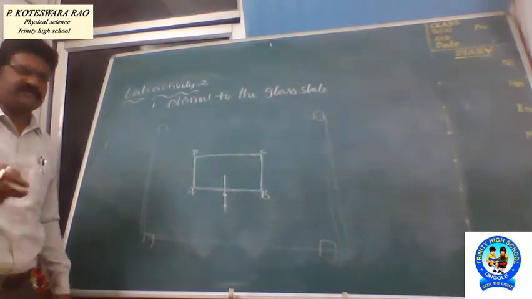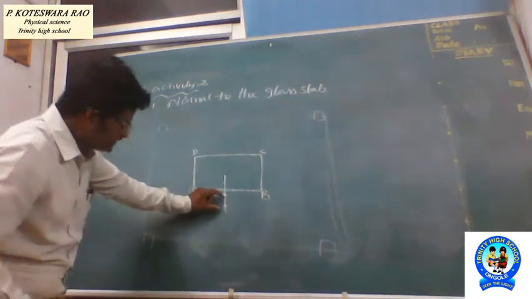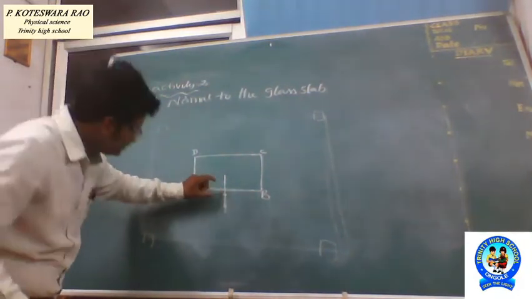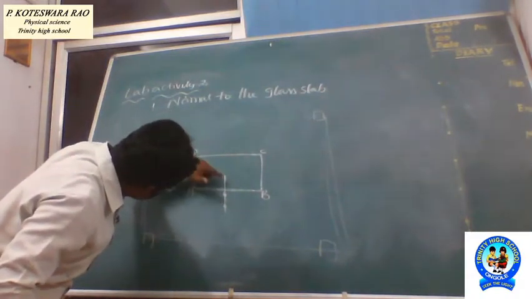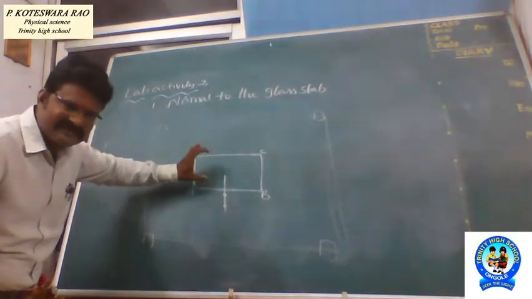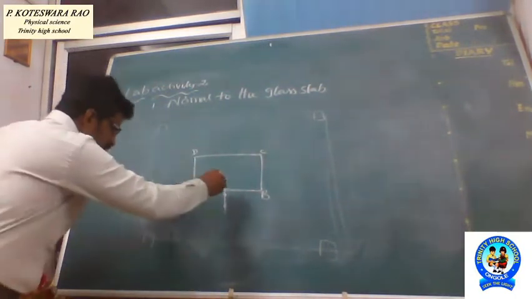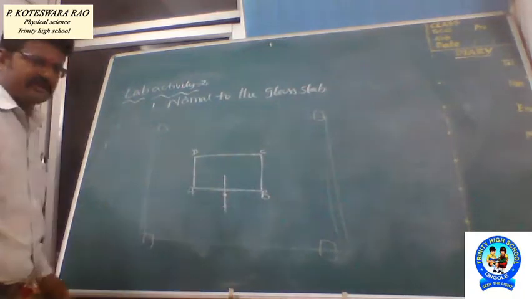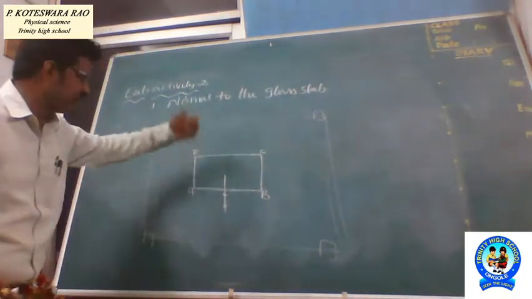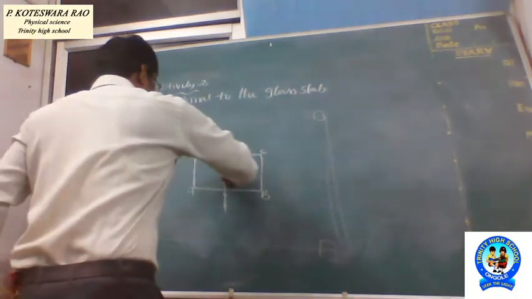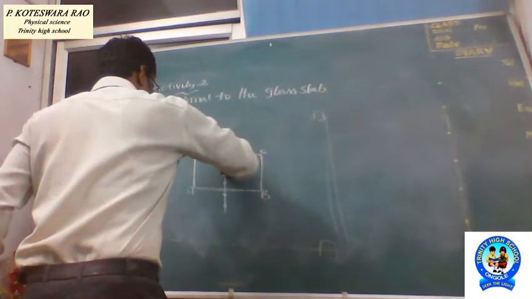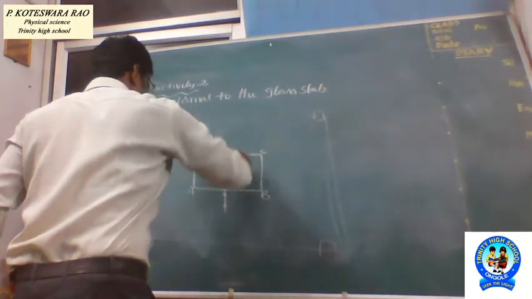Take two more pins and, looking at these two, we can see their image on the back side of this glass slab. Already here we placed the glass slab and inserted two pins. We are able to see their image formed on the back side of the glass slab. There we fix two more pins in line with the images of the first two.